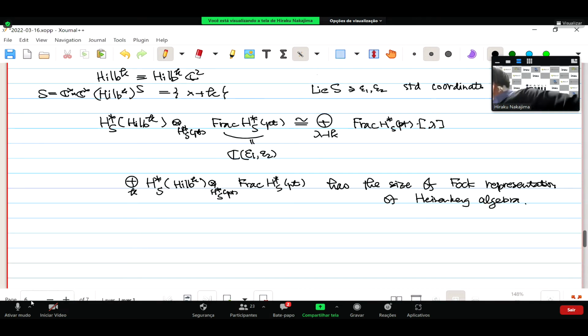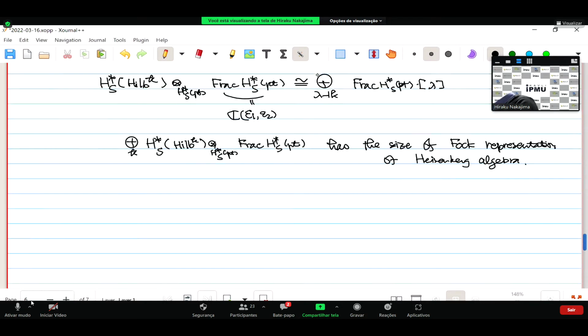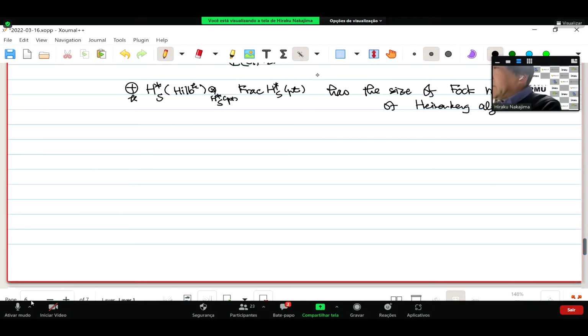This is the bosonic Fock space, and it can be identified with symmetric functions in infinitely many variables. So far this is an isomorphism of vector spaces, and I just computed the dimension, which corresponds to partitions. It doesn't say much, but in fact you can say much more.